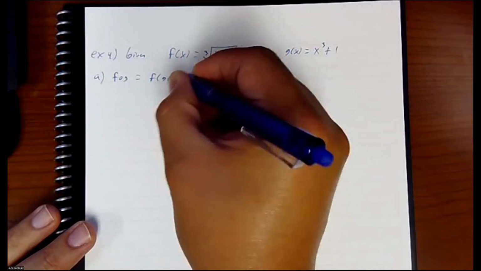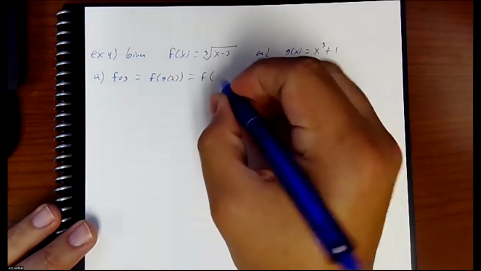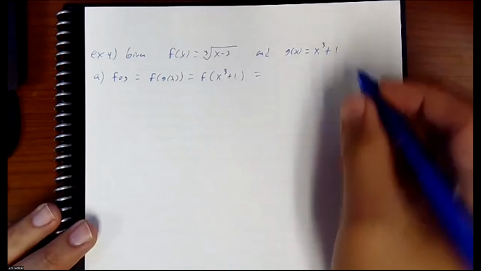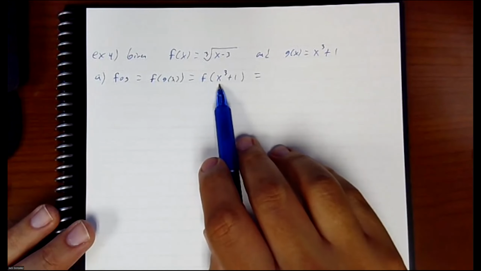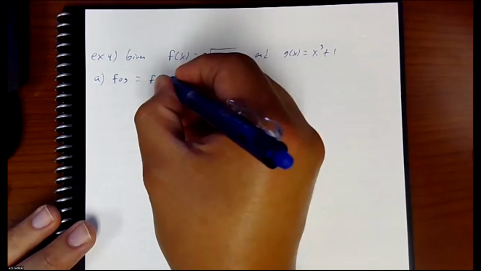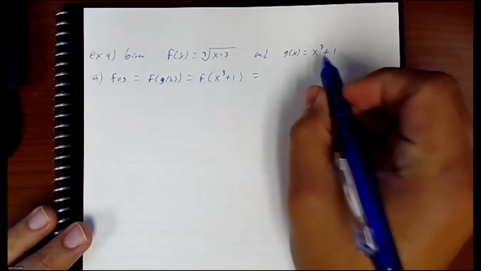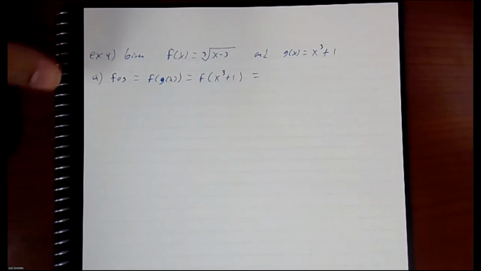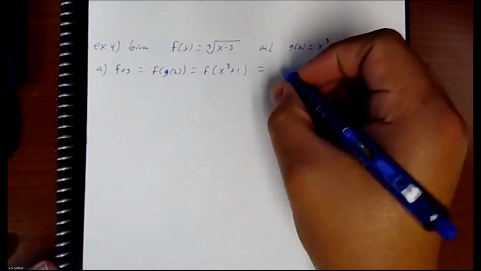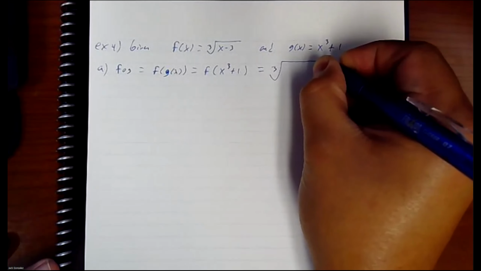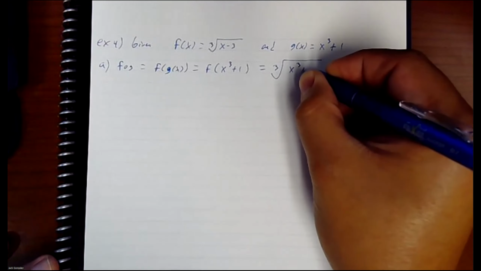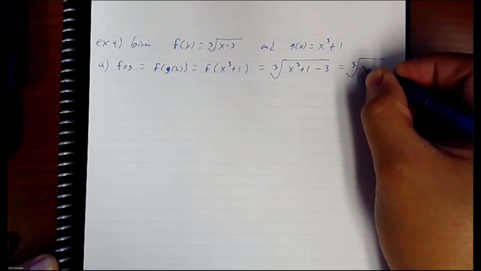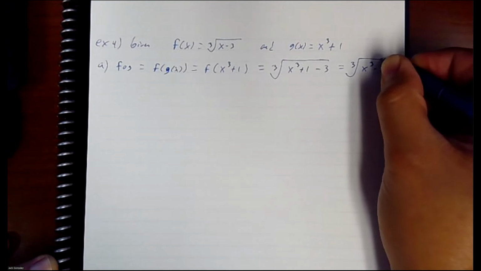Okay, so here we go. I'll write all my notation so we get used to it. And we remember what it means. Plug in the g, x cubed plus 1, into f. So that's going to go in here. Okay. So that'll be the cube root of x cubed plus 1 minus 3, which is cube root of x cubed minus 2.